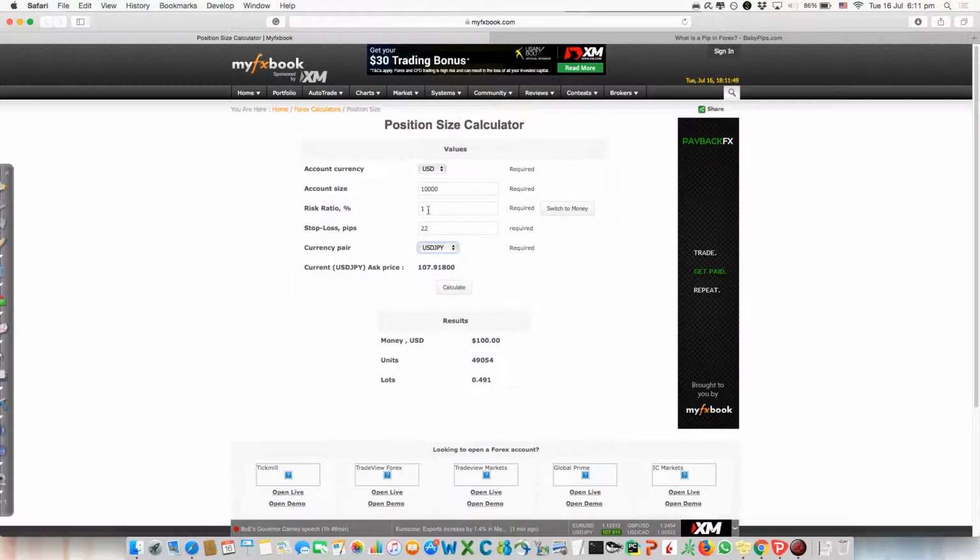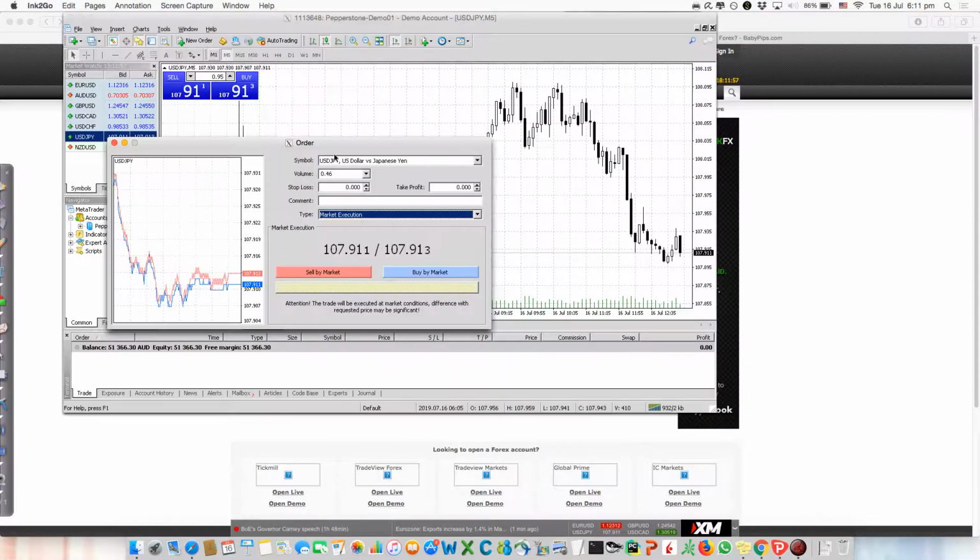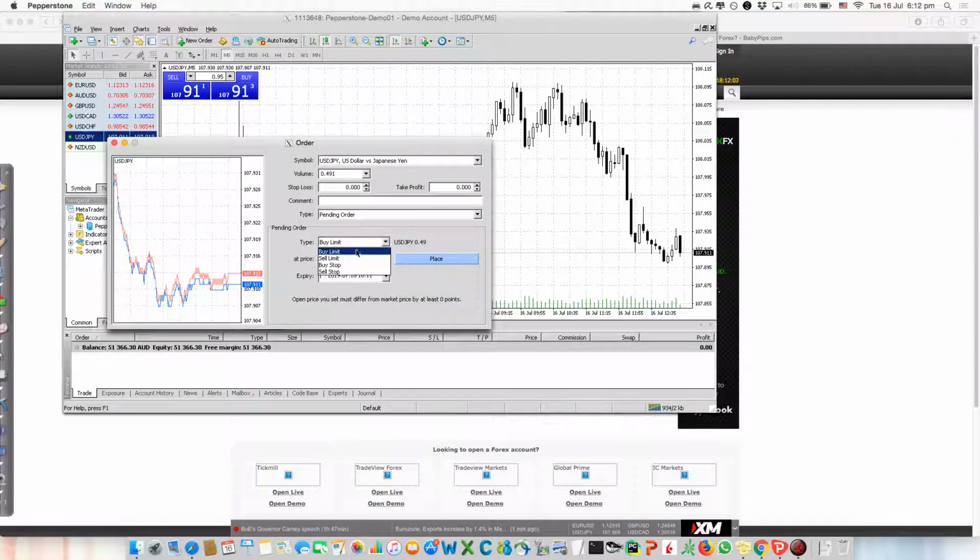Again, my stop loss is 22 pips. So first I have to buy 0.491 lots, so here I put 0.491. Suppose I want to buy at 107.93.